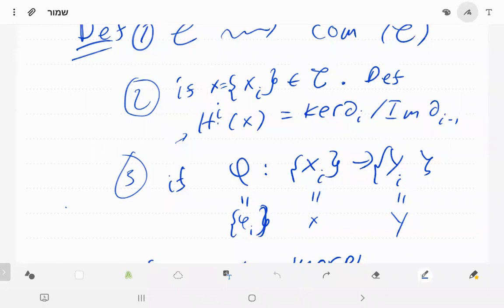You have many different versions of the complex, but each time that you want to prove that the homologies are the same, you actually construct a quasi-isomorphism between the two complexes. Or maybe not each time, but in many cases you construct quasi-isomorphisms.